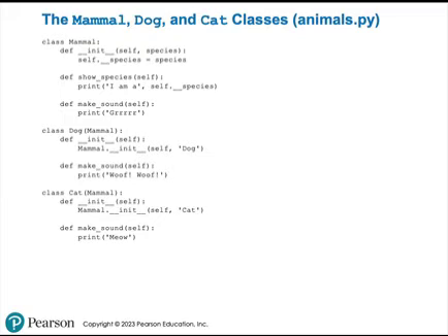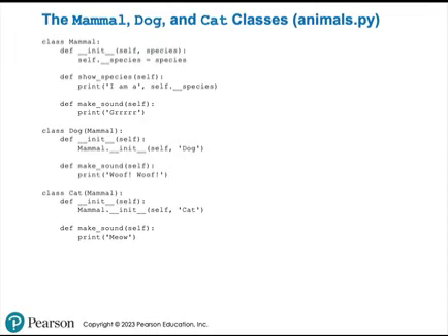So here we have a mammal class, and within the mammal class we have a private variable called species, and then we subclass that into a dog and a cat class, and basically both of these have a make sound method.